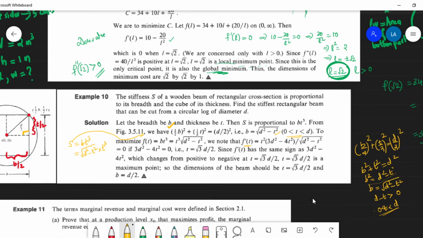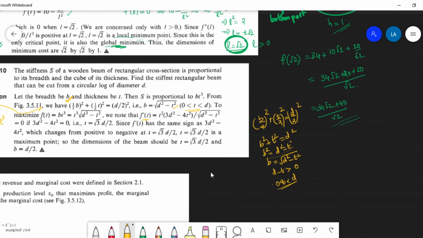Or I think better I'll show you how to differentiate. That might be a better idea, right? We have f of t is equal to t cube into root of d square minus t square. So you know that this is a product of functions in t.